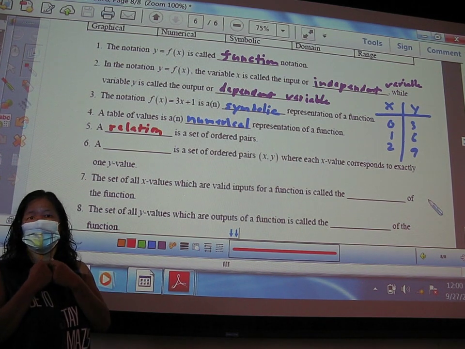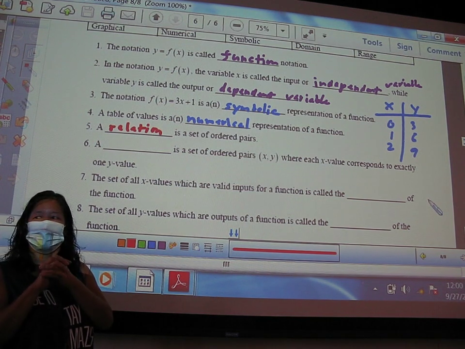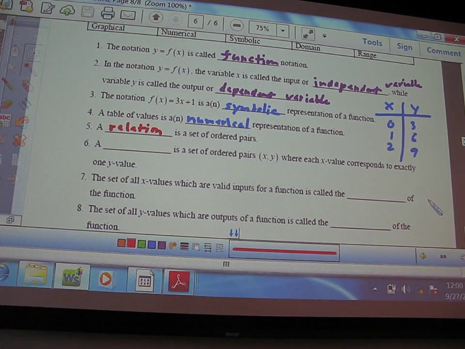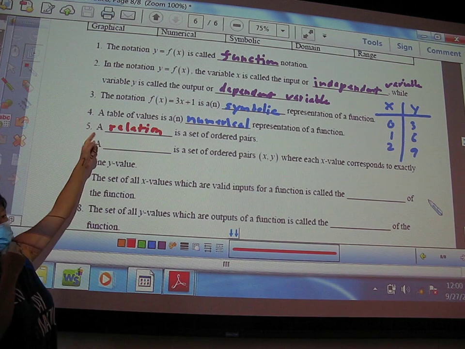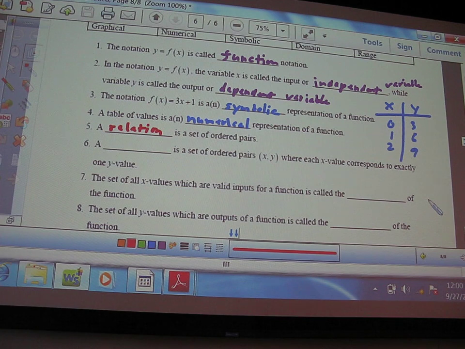We talked about it last class. Talk to your neighbors about it. This one's important. Relation is a set of ordered pairs. This is a set of ordered pairs where every x can only have one y. Anybody remember?